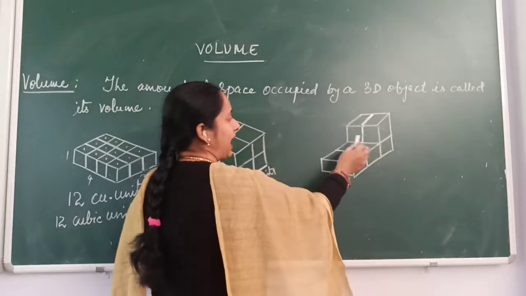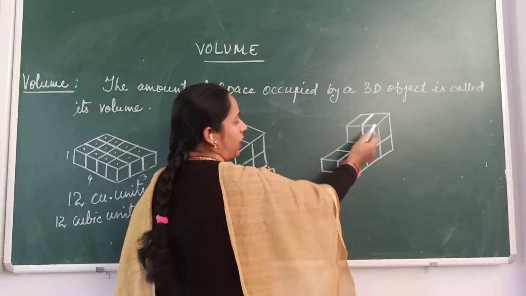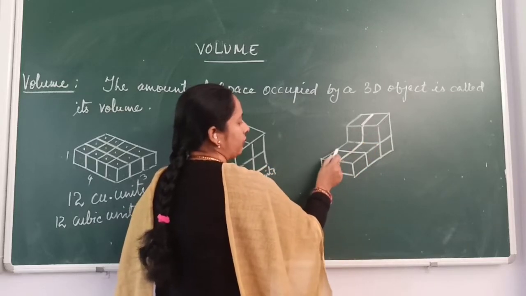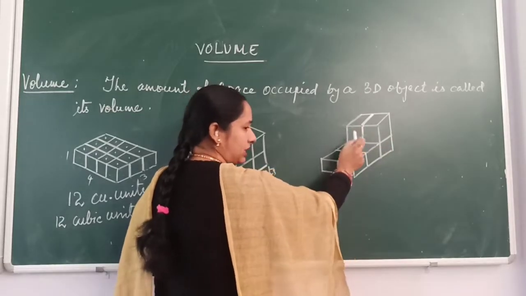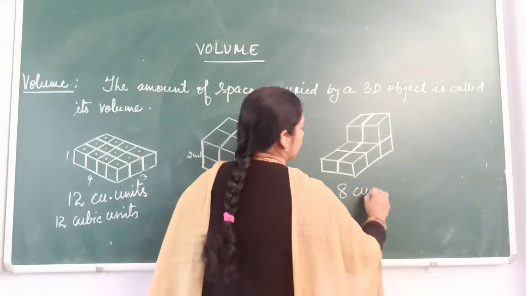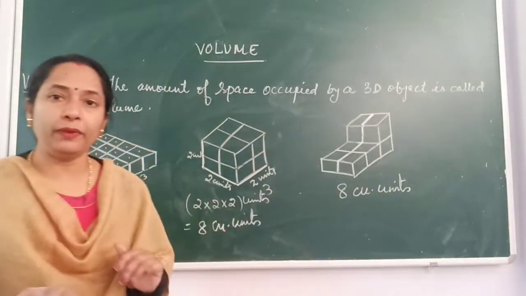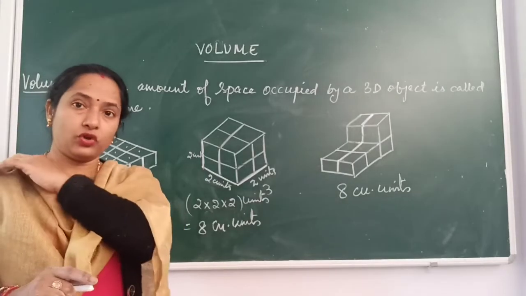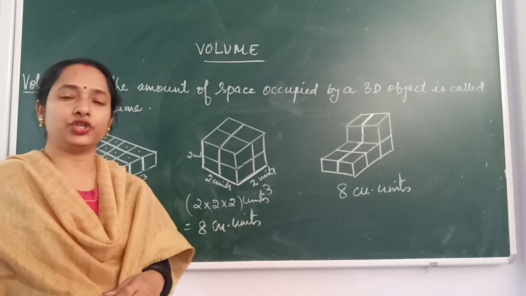One is hidden, and on the top you have 2 more blocks. So total how many? 1, 2, 3, 4, here 5 and 1 more hidden at the back, 6, 7, 8. Total 8 cubic units we have. In this way you can imagine.